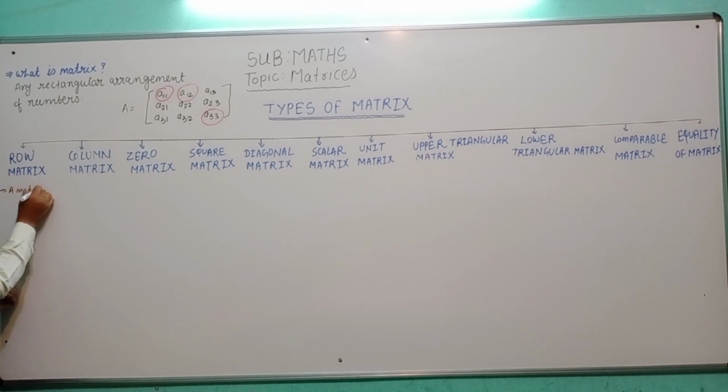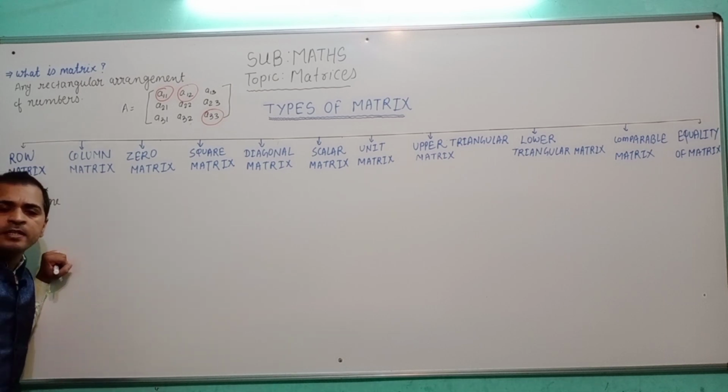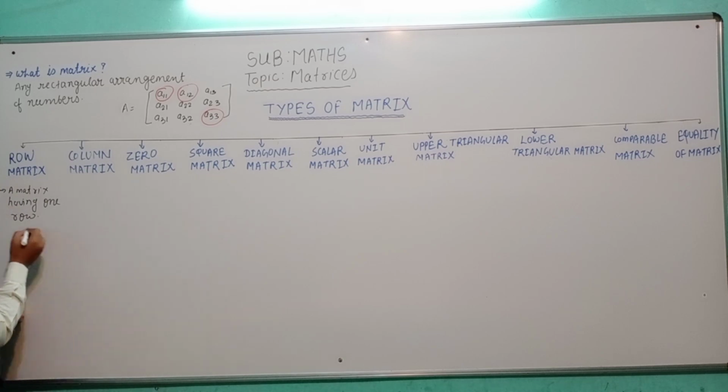A matrix having one row. Students, a matrix having one row is known as a row matrix. Suppose A11, A12, A13.